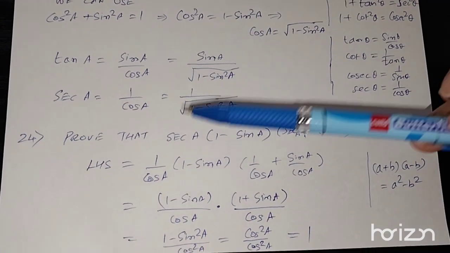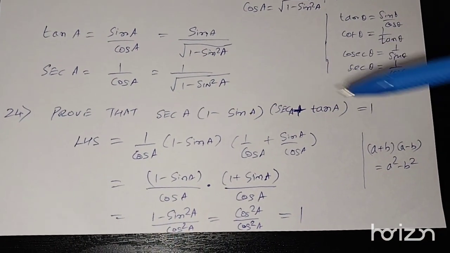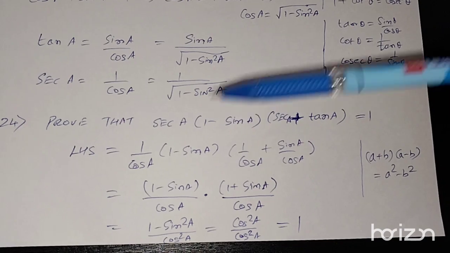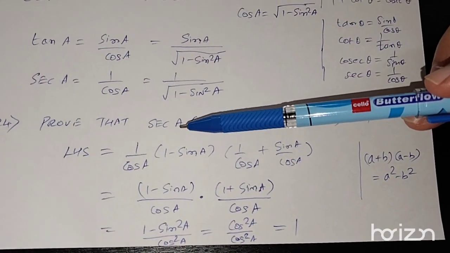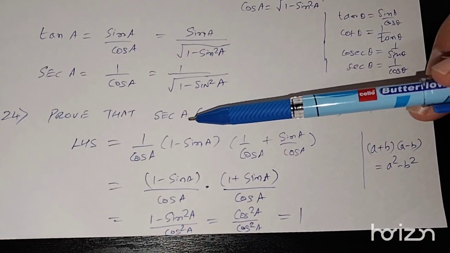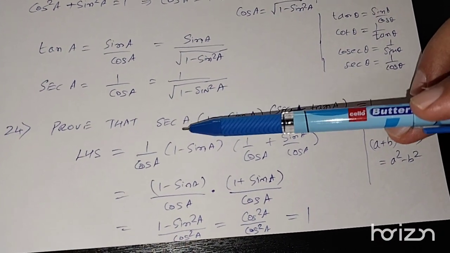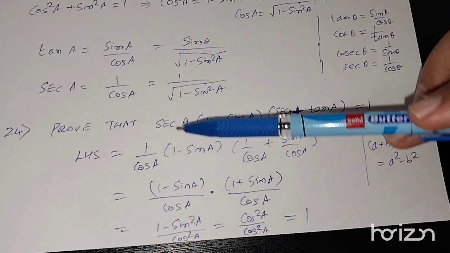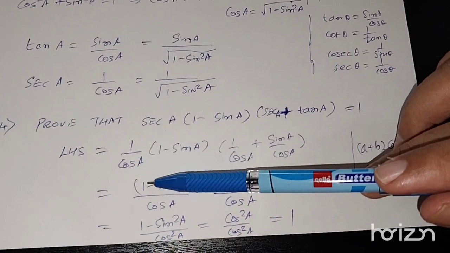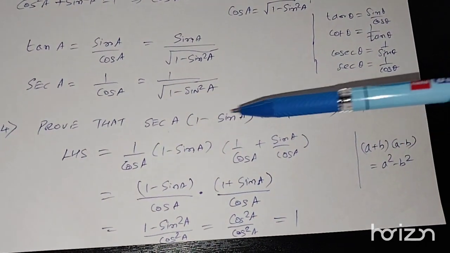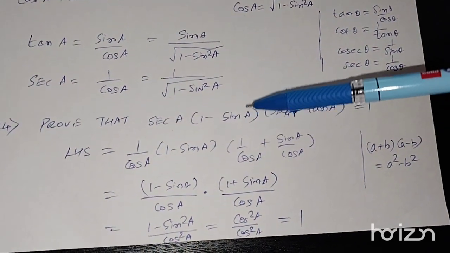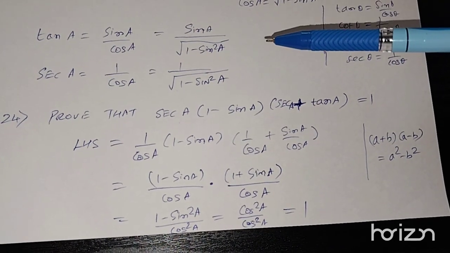I repeat, whenever you want to prove anything, LHS is equal to RHS, please express all the trigonometric quantities in terms of sine and cos. So I have done the same thing. You take this sec A, what is it in terms of cos? It is 1 over cos, multiplied by (1 − sin A). This is already in terms of sine, so we don't need to bother about it.